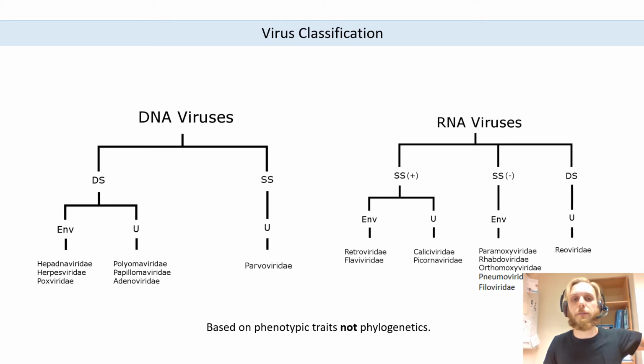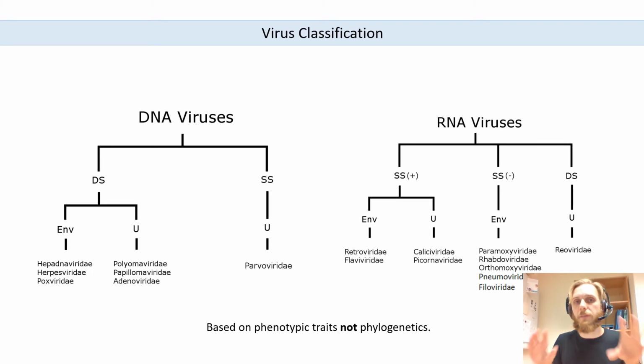And unlike the phylogenetic classification we talked about, all viruses can fit onto this graphic I've got here. Obviously, I don't have every virus family listed, but if I were to take any random virus family and put it on here, it would have a place.